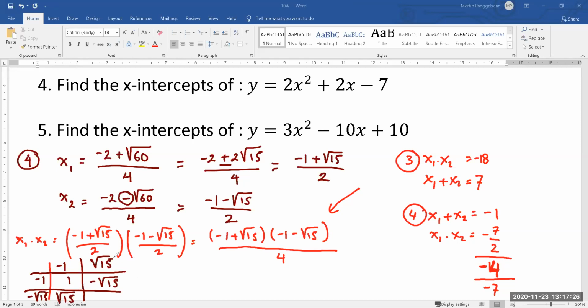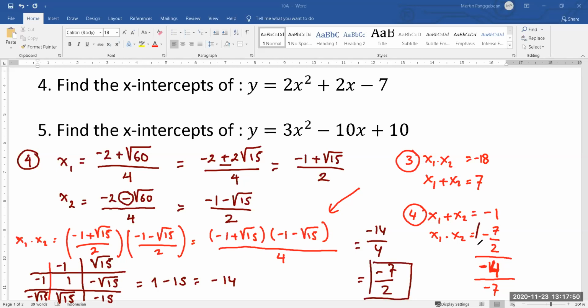And then negative square root of 15 times square root of 15 is -15. So when you add all of it, it becomes 1 minus 15 equals -14. So it equals -14 over 4.